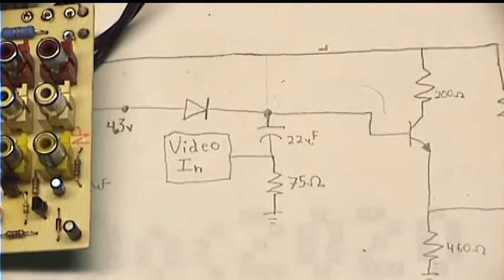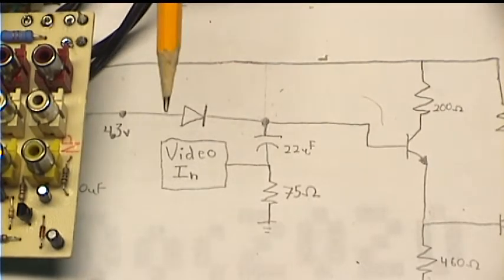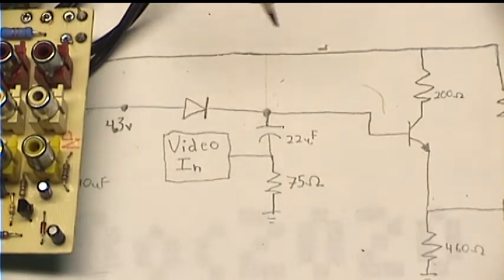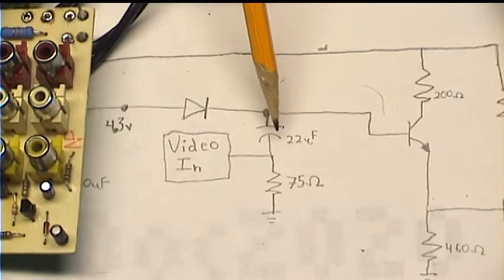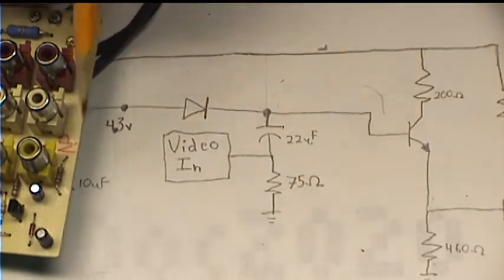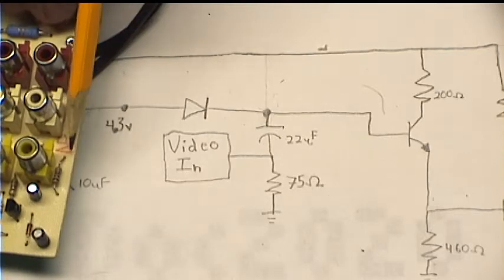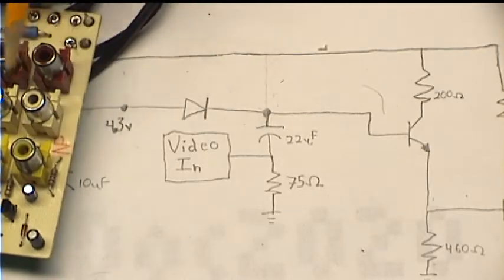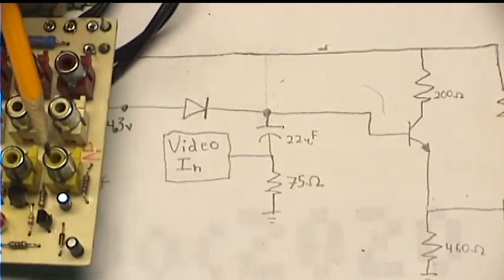Now we get to the part of the circuitry where the actual video comes into the unit. And as I said earlier, devices have a 75 ohm resistance on video inputs. So we have that here as this resistor, which I believe is that resistor on the board, right next to the video input jack.